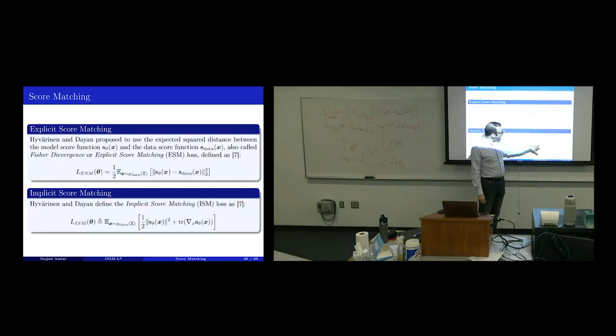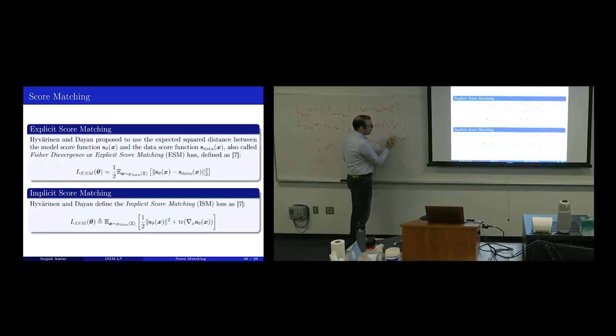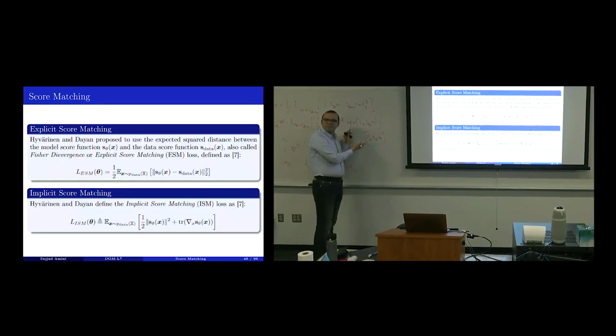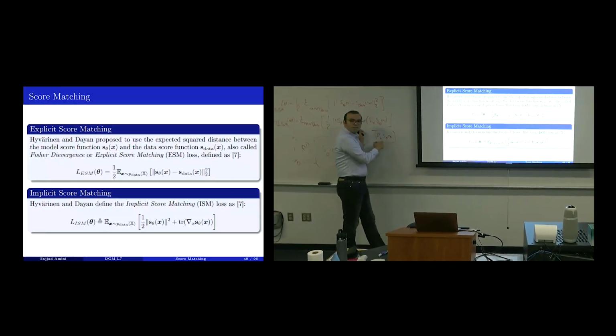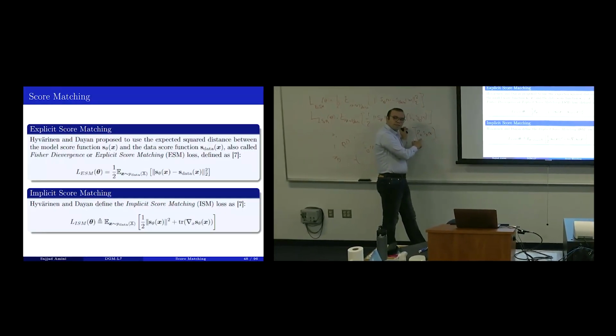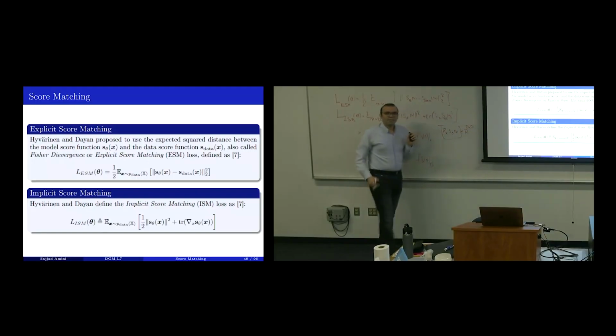For the second term, the gradient with respect to x of S theta of x, what is the dimension of this term? This is a vector, and you take the gradient of a vector. The result is a d by d Jacobian matrix.